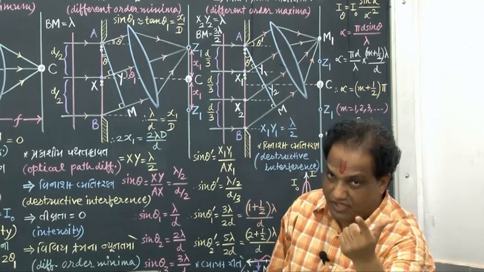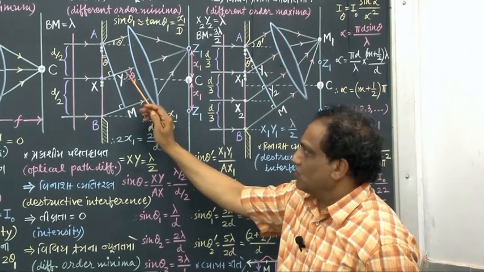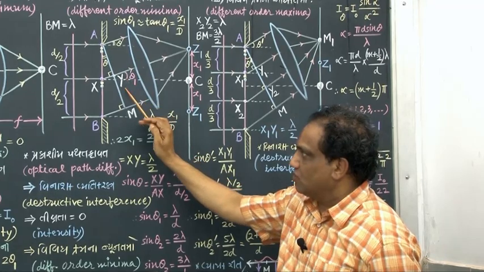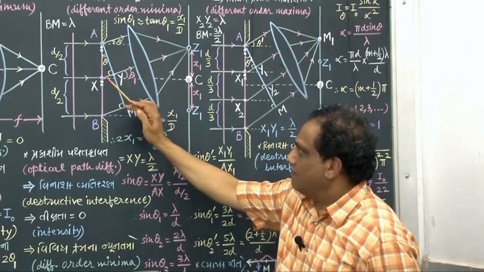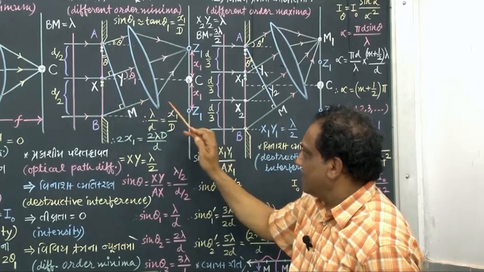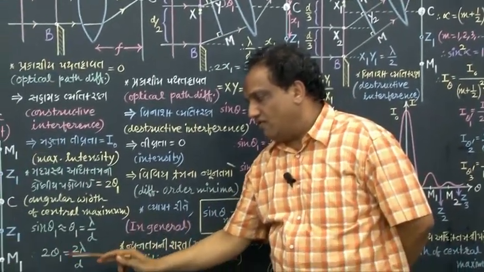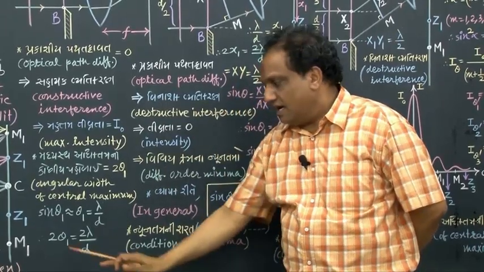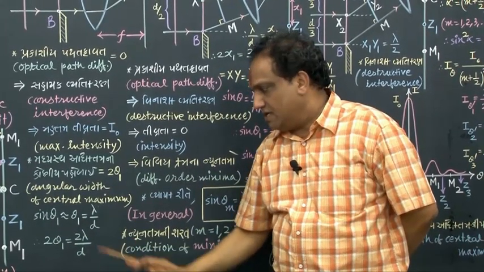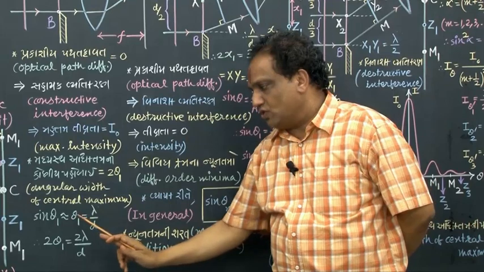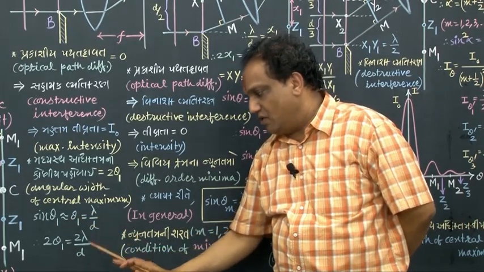Then angle between this light ray and this light ray would be 2 theta 1, and that 2 theta 1 is called angular width of central maximum. Let us find out that 2 theta 1 from here. Just multiply by 2. So you will get 2 theta 1 will be 2 lambda upon d.